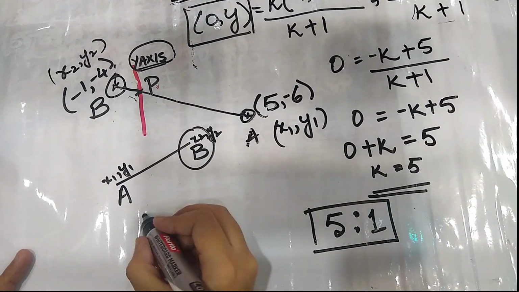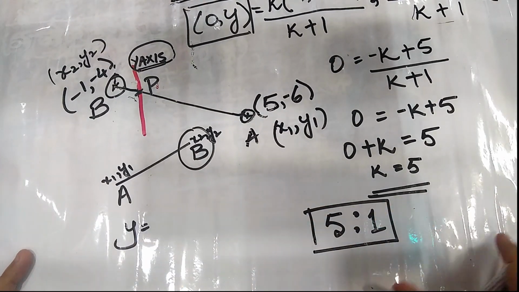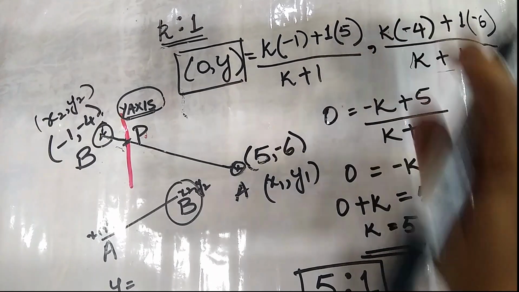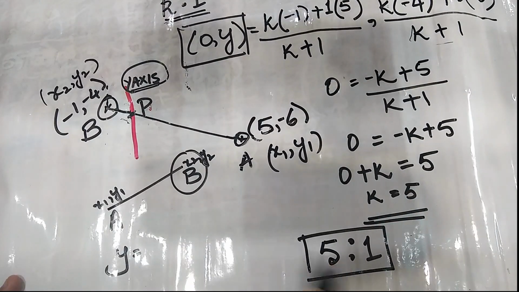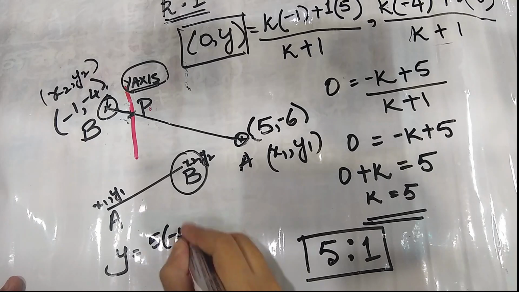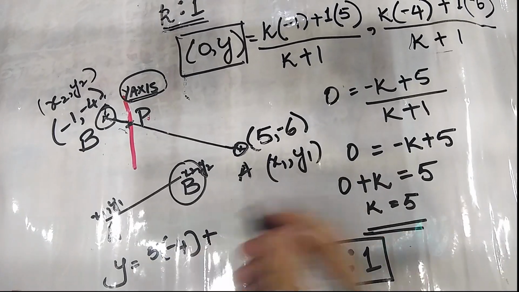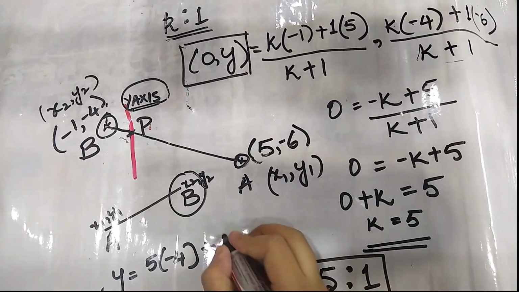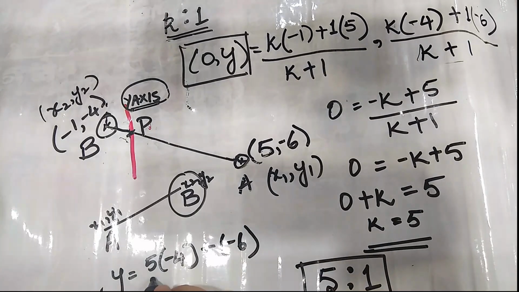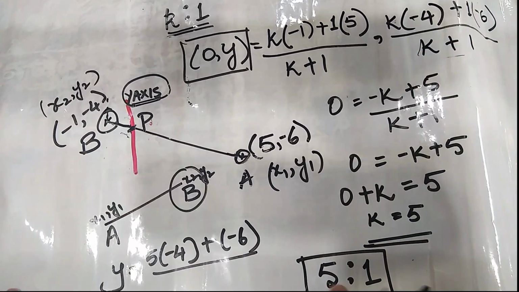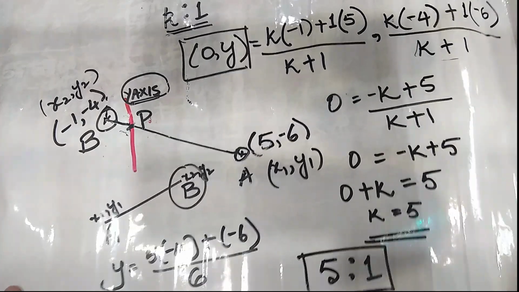So your y coordinate equation is k into -4. And what is k? 5. So it will be 5 into -4 plus 1 into -6, which is nothing but -6, divided by k plus 1, nothing but 5 plus 1, which is 6.